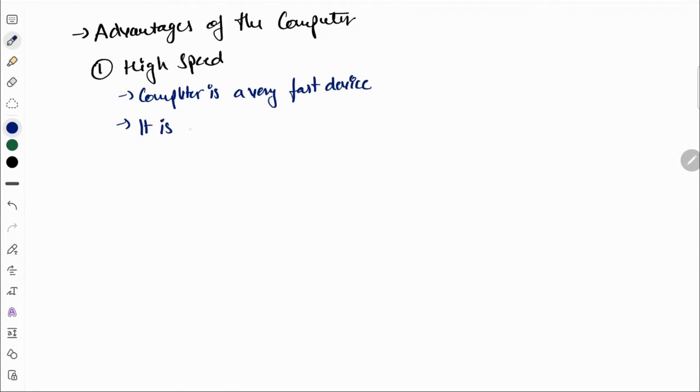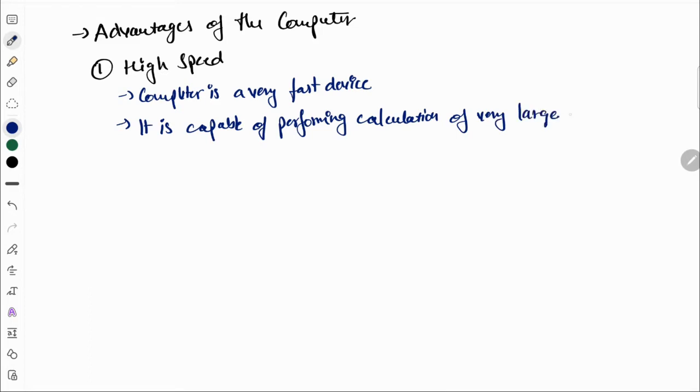It is capable of performing calculations on a very large amount of data.